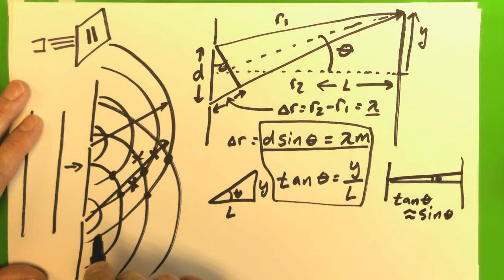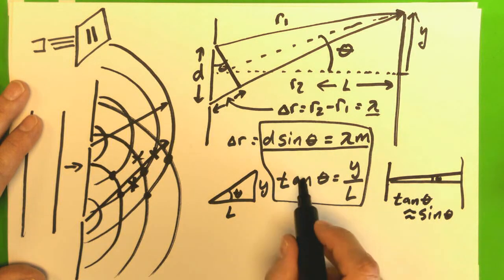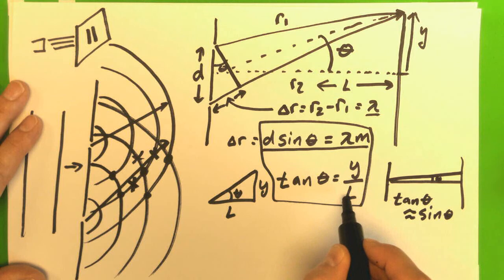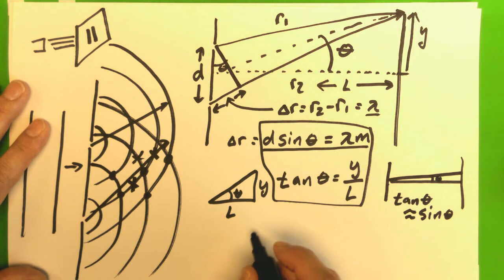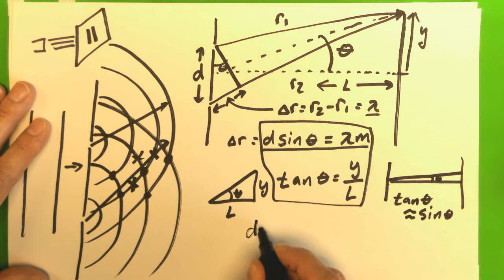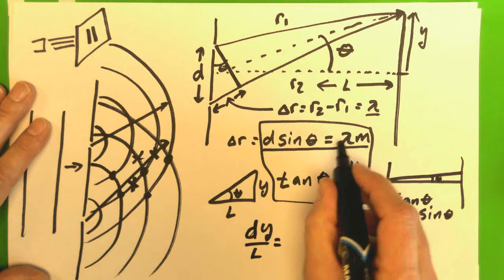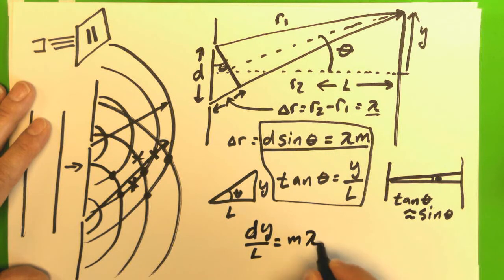And if that's true, then tangent of theta equals y over L. I can take that, plug it in for sine of theta, and I end up with an equation that says d y over L equals m lambda. I'm going to put that integer in front now, where it's a little bit more straightforward. Okay, so d y over L equals m lambda.